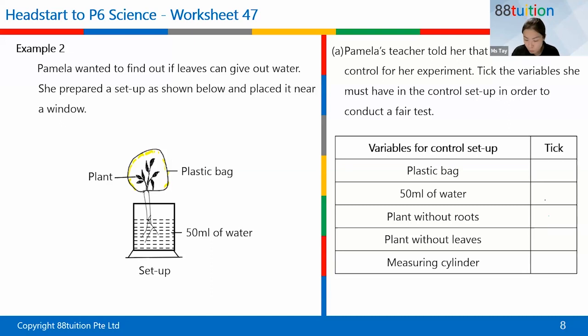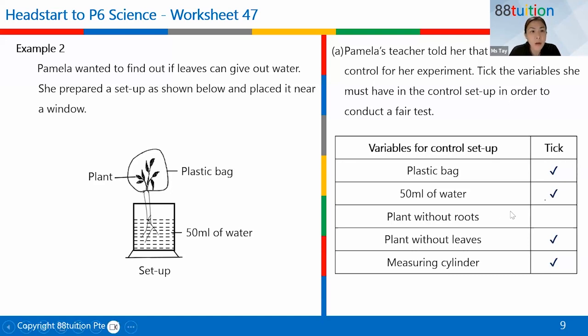Okay, so you do not take the one that says plant without roots. If you don't have roots there, then your change variable becomes the roots, isn't it? The change variable here is actually the leaves, whether leaves give out water. Okay, can understand now?